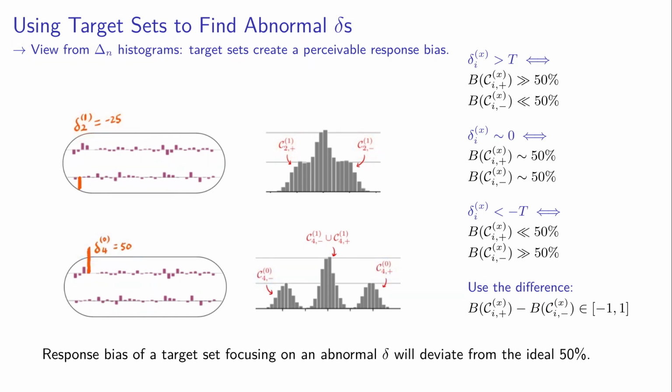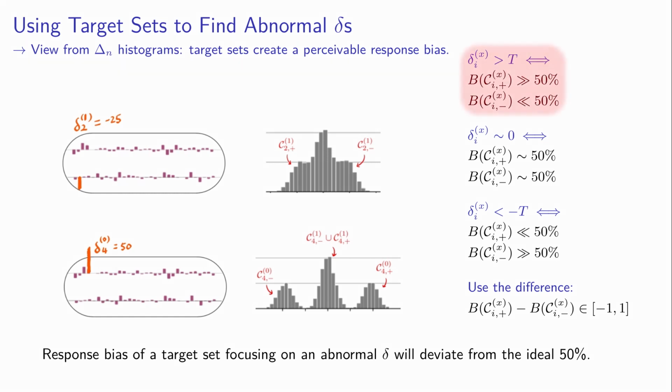Now that we've partitioned these challenges from the original set for each stage, we can use the response biases of the APUF on each set to determine if a particular delta at a particular stage is imparting a strong bias due to an abnormal delay difference. If the target sets of a delta have response biases deviating far from 50%, then it's an abnormal delta, a delay difference too far from 0 in either the positive or negative direction.